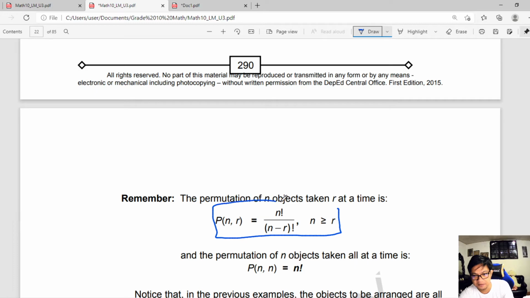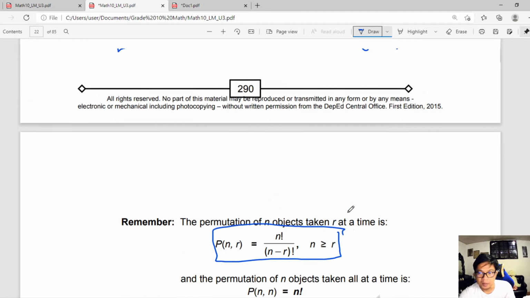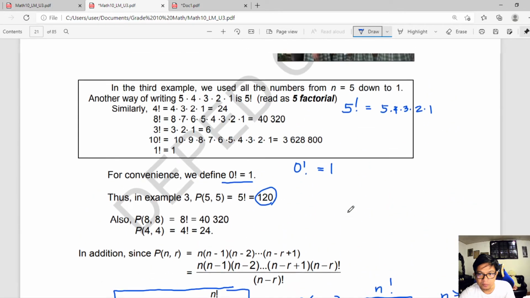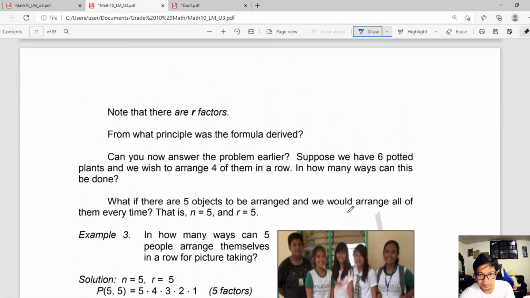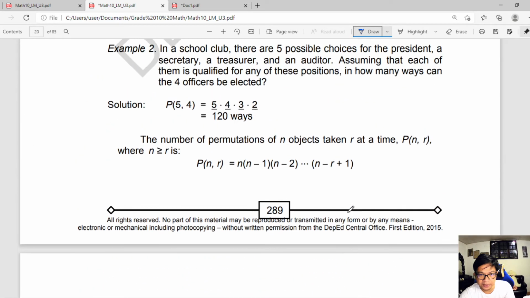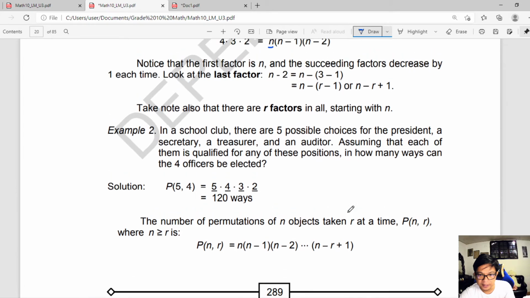So remember the formula? Sige, try na natin i-apply sa isa sa ating mga examples kanina. In a school club, there are 5 possible choices for the president, a secretary, treasurer, and an auditor. Assuming that each of them is qualified for any of these positions, in how many ways can the 4 officers be elected?